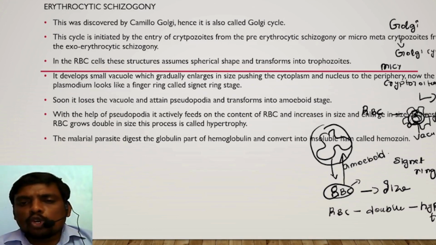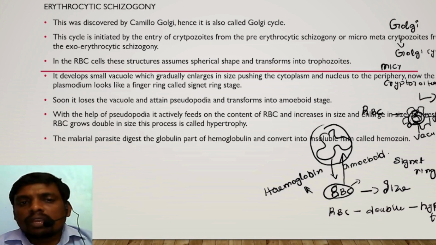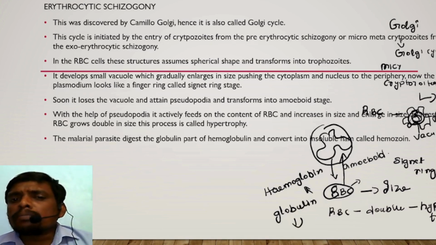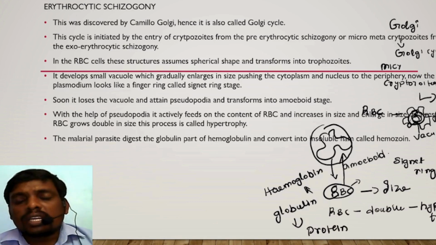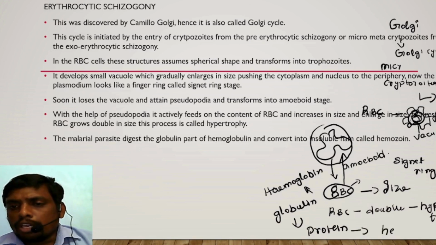RBC also contains hemoglobin, the color-giving substance. The malarial parasite digests the globin part of hemoglobin, the protein part, and converts it into an insoluble substance called hemozoin.